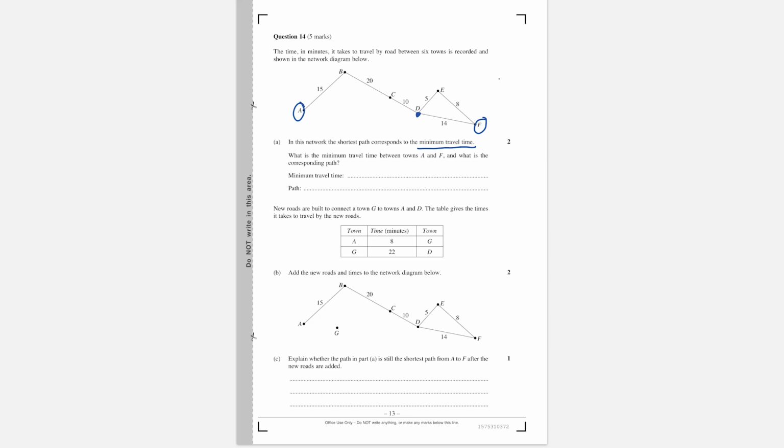So the question is, if we go via E, it's going to take us 5 minutes plus 8 minutes, which is equal to 13 minutes. And 13 is a smaller number than 14. So we're going to choose to go up and around this way. So therefore, the path that we're going to take is A, B, C, D, E, F. And the minimum travel time is just adding all of these numbers together.